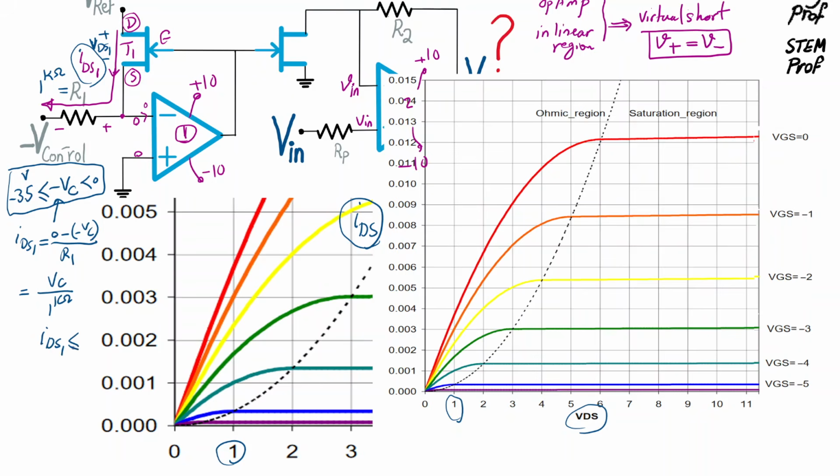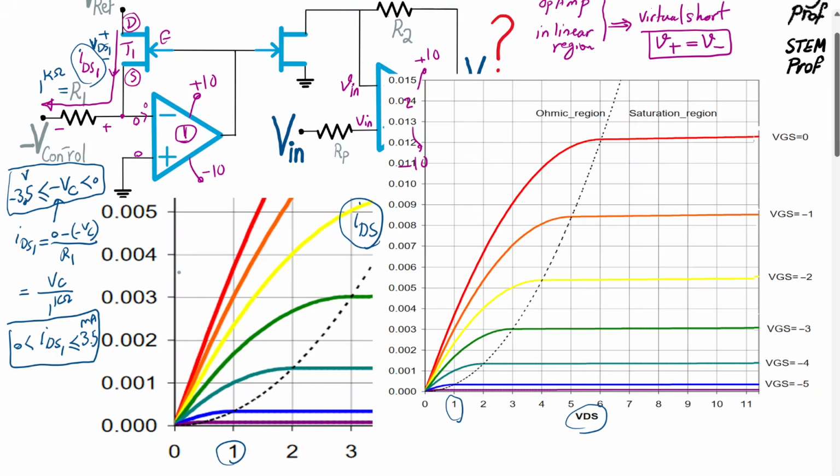Given that VC is in this range, we get that IDS1 is naturally between 0 and, when negative VC is at minimum negative 3.5 volt, then it is 3.5 divided by 1K, 3.5 milliamp. So that's the range of IDS1, from 0 to 3.5 milliamp.